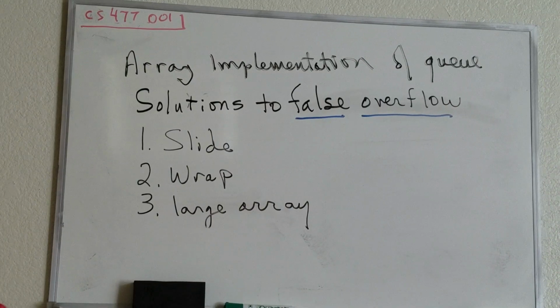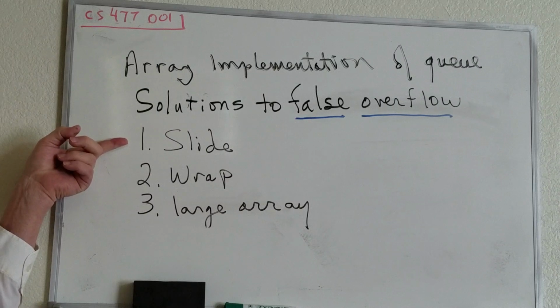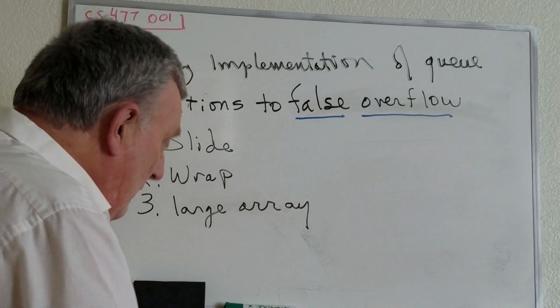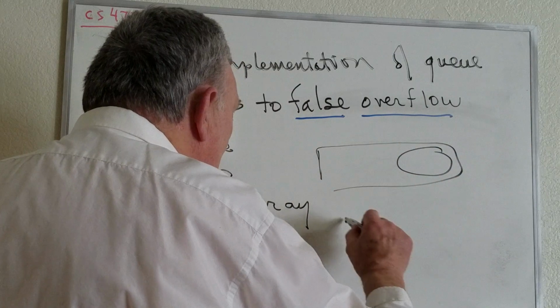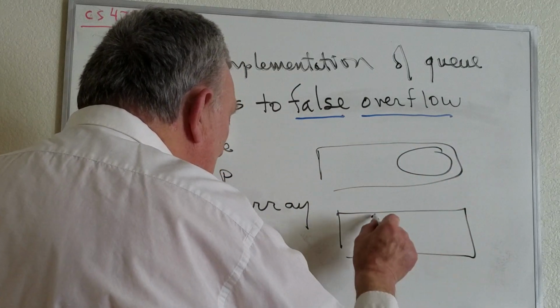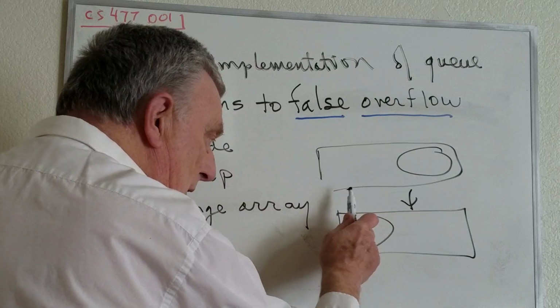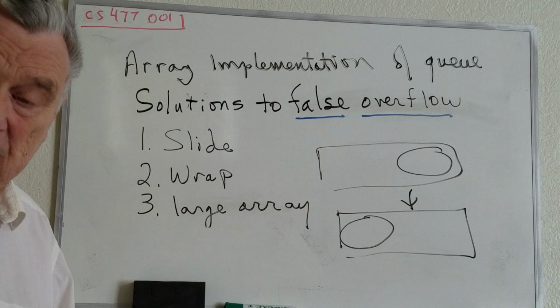Now, there are 3 solutions to the false overflow problem for the array implementation of a queue. One of the solutions is what I call slide. When the queue is full at one end, then what you can do is copy the items over to the front end of the array, leaving space here. That we'll call slide.